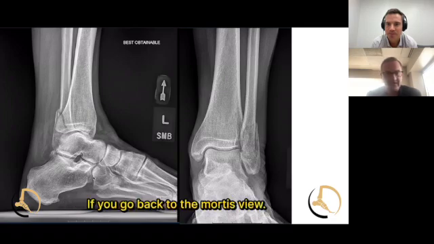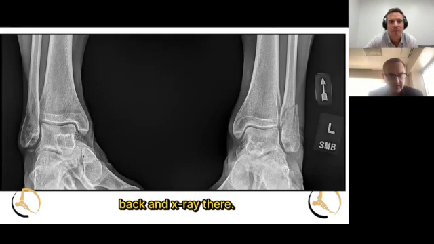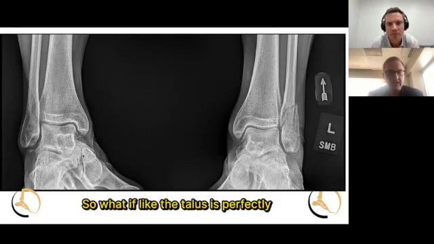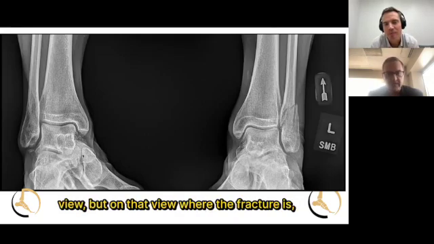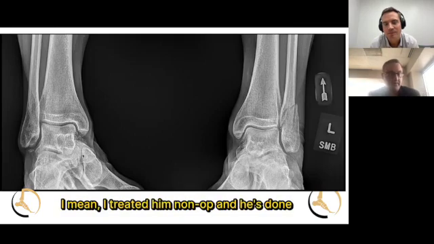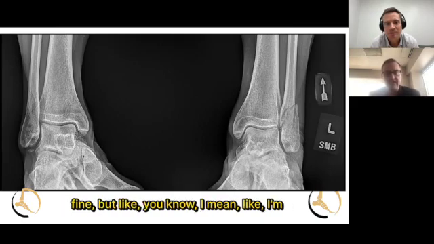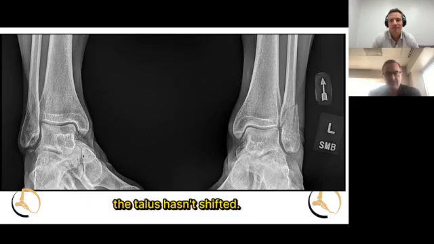If you go back to the mortise view, what if the talus is perfectly reduced under the tibia on a weight-bearing view, but on that view where the fracture is, it's just a little bit wide laterally? I treated him non-op and he's done fine, but I'm like, well, the mortise is intact. The talus hasn't shifted.